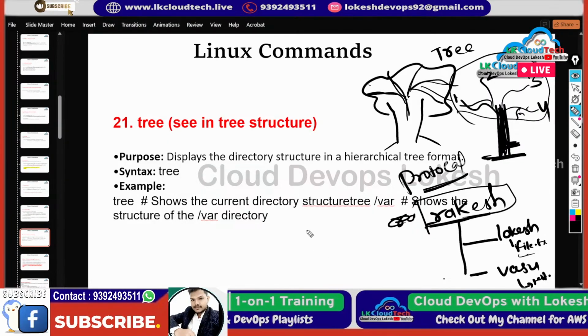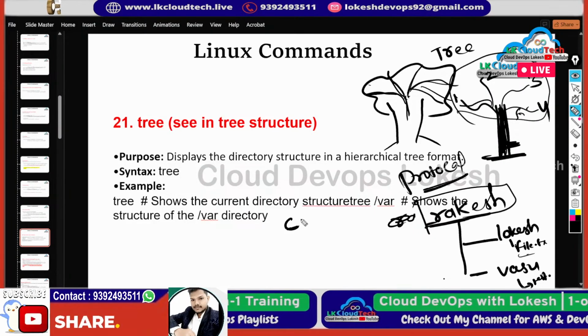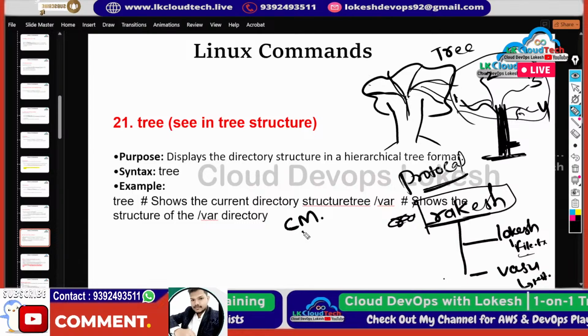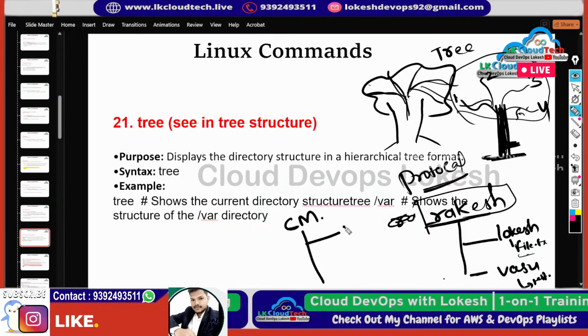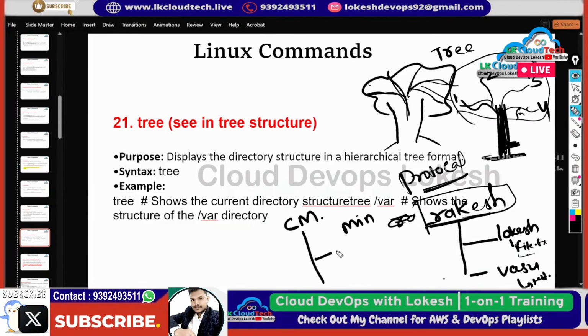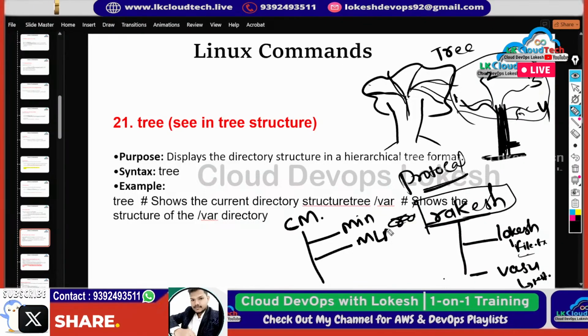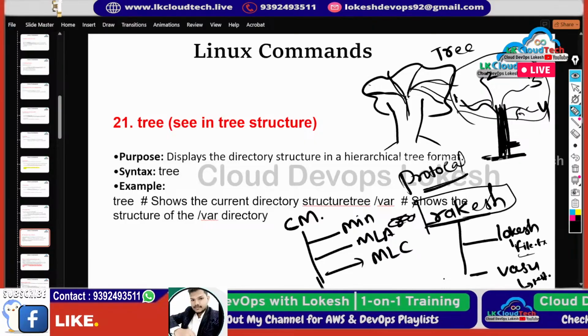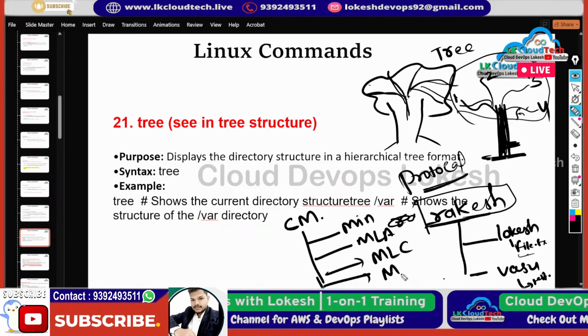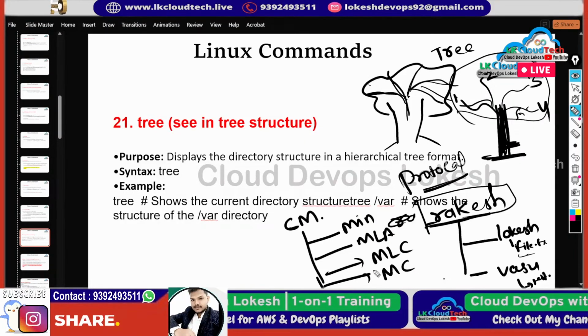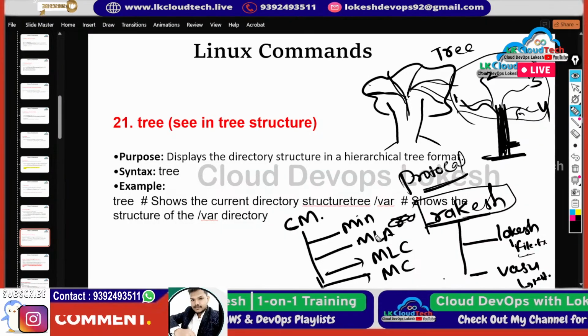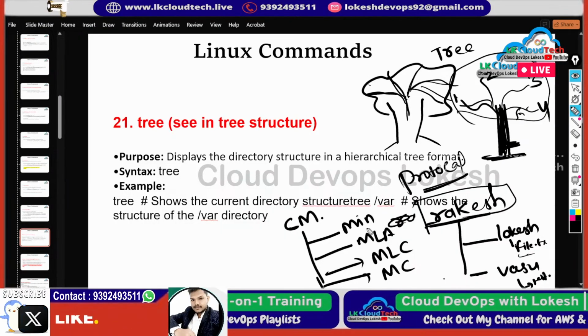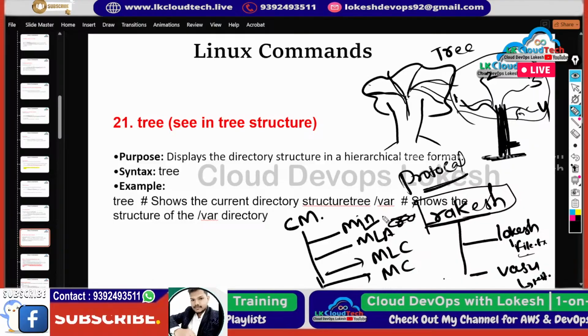Hierarchy level, for example, CM will be there. Under CM, ministers will be there, MLA will be there, MLC will be there, and municipal corporation people will be there. Again under these people also some teams will be there.